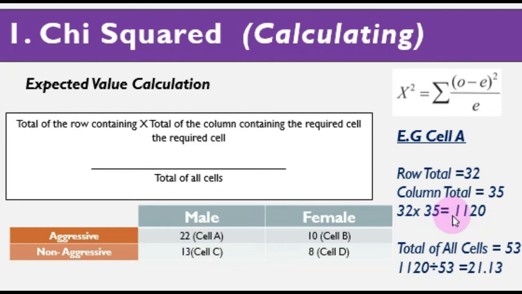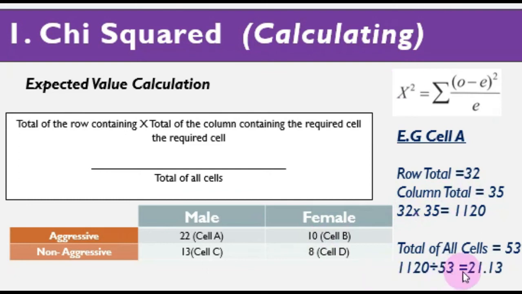Alright? So, that will be 32 times 35. Nakuha sa yung row total, and then times natin siya din sa 35, which is the column total. Then we come up with 1,120. Okay? And then, yung total number of cells natin, which is 53.